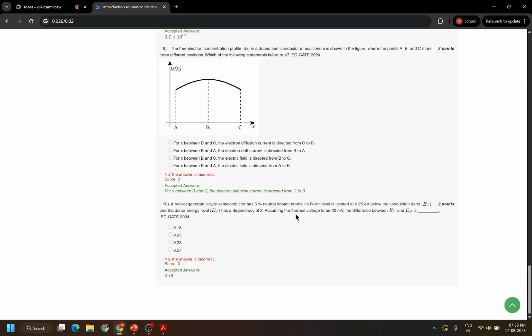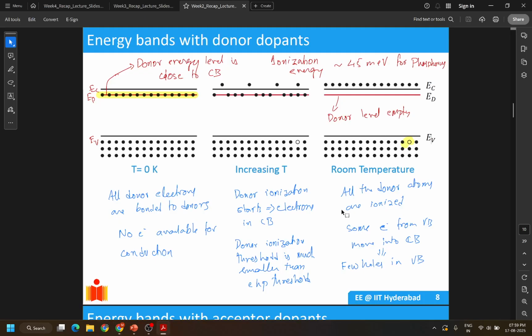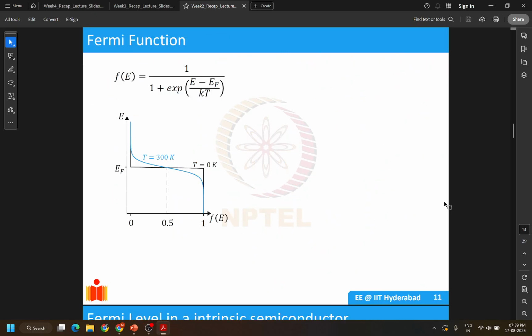So your thermal voltage is given as 20 millivolts, which is your kT by q. From this, first you have to calculate your temperature, and from that temperature, f of E would be 0.95.